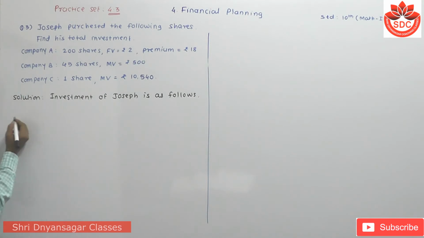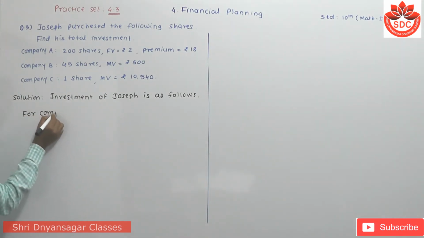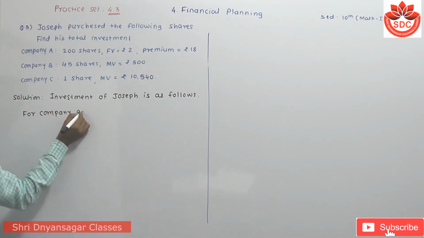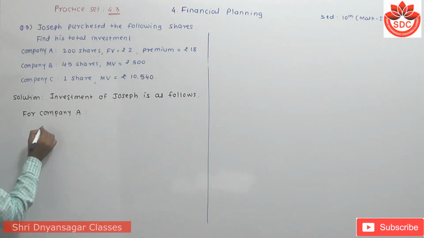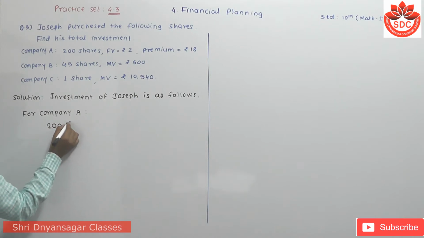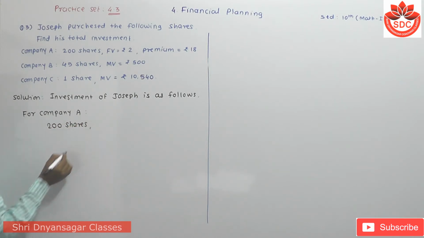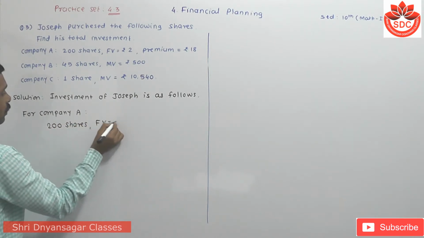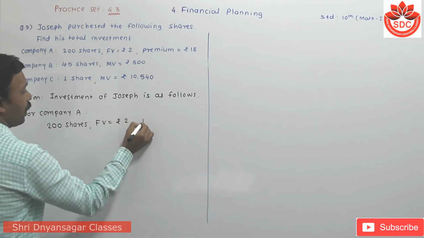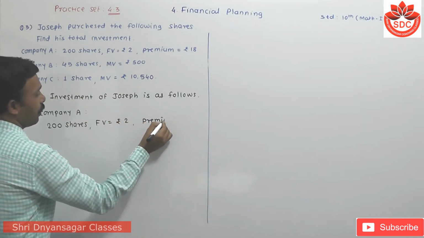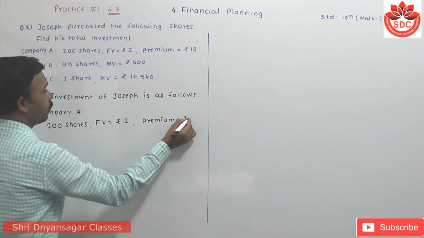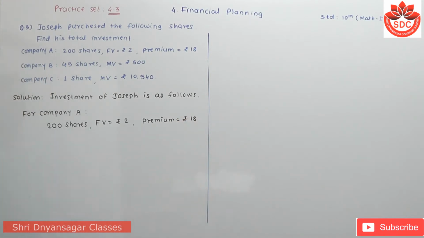Now first one is here for company A. Here number of shares is 200 shares. Then face value is given here rupees 2, and premium is equal to rupees 18. Here is premium, at that time market value is greater than face value.